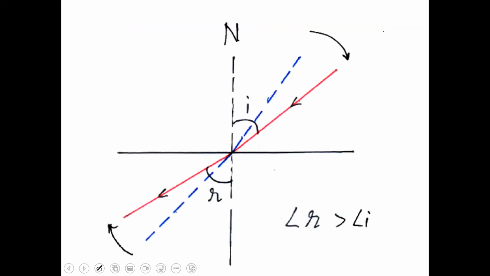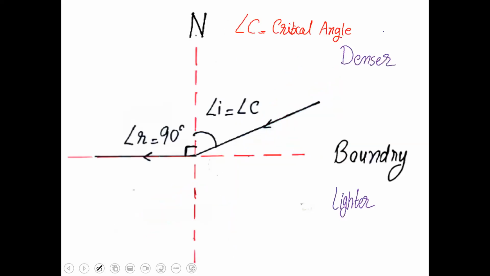Look at this, angle I increases, angle R also increases. So a point will come when angle R becomes 90.